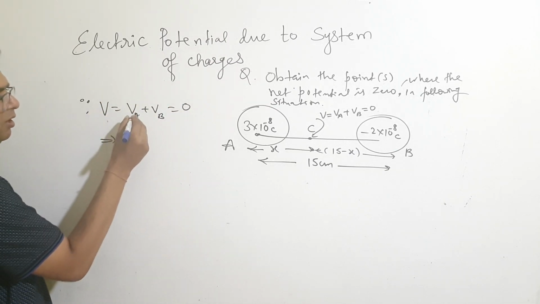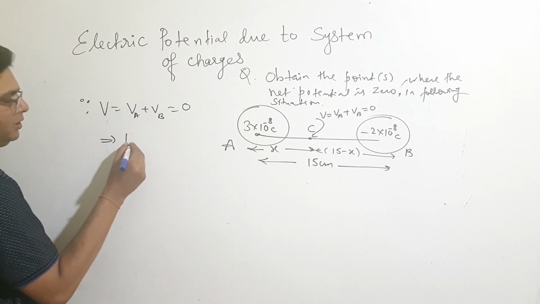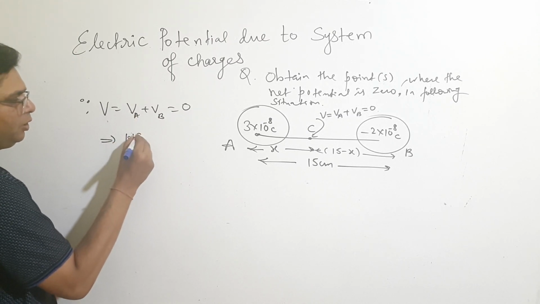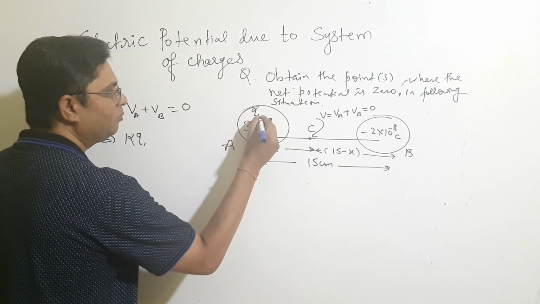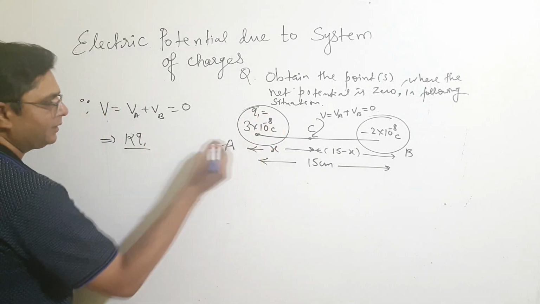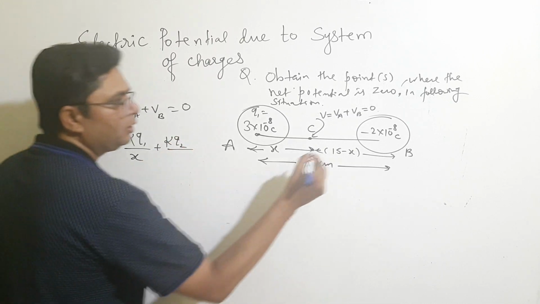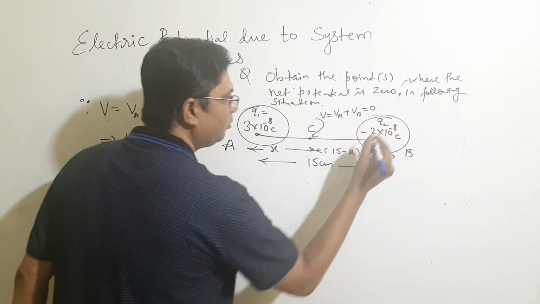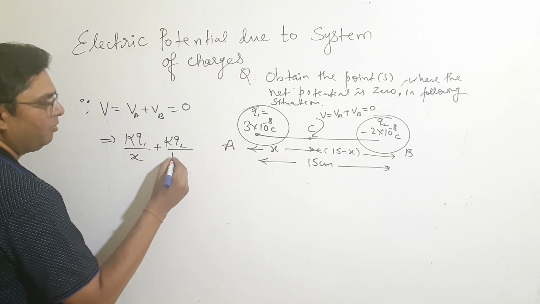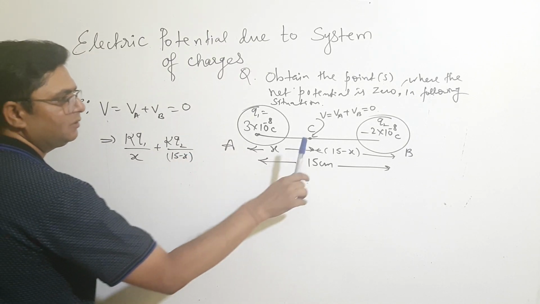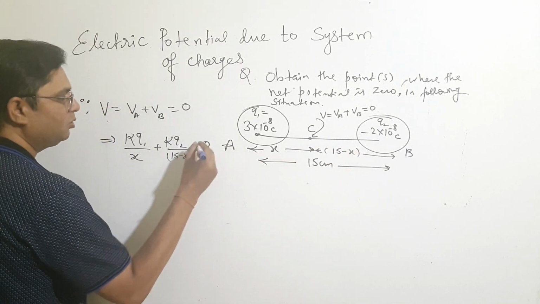So we know that V equals VA plus VB, which equals 0. Put the value of VA, which is k Q1 upon x, plus k Q2 upon 15 minus x, the distance is 15 minus x, equals 0.